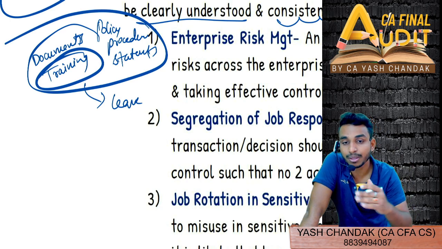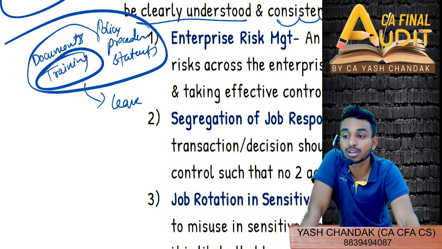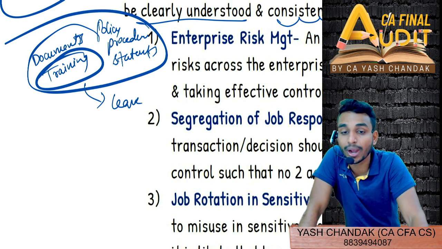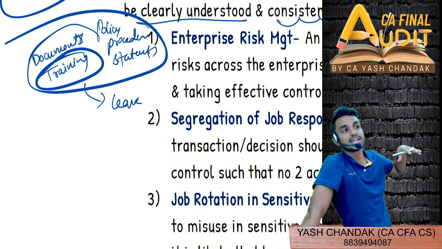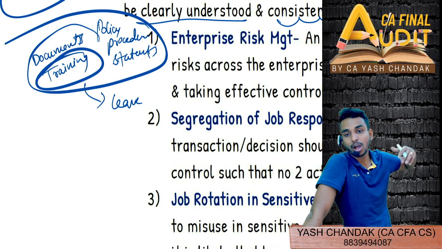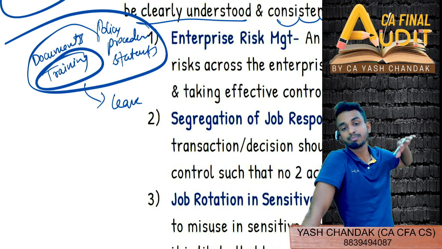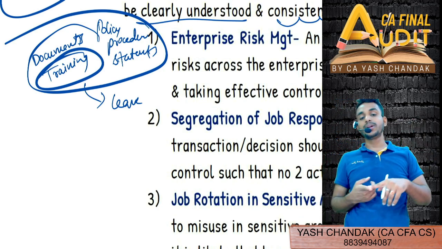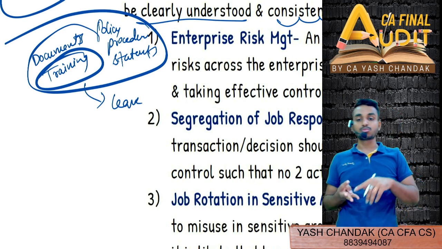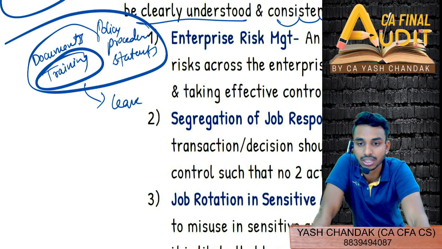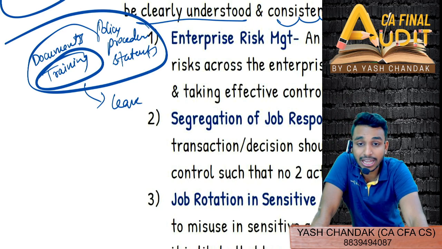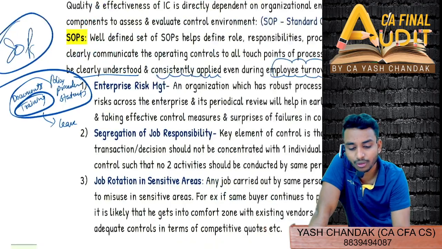The person will come, the person will go, but they will not be required to be trained by an individual. If there is an SOP, they could simply refer to the standard operating procedures, training documents, training modules, or policies and procedures, and grasp whatever the organization is into, and accordingly suits the operating environment of the entity.